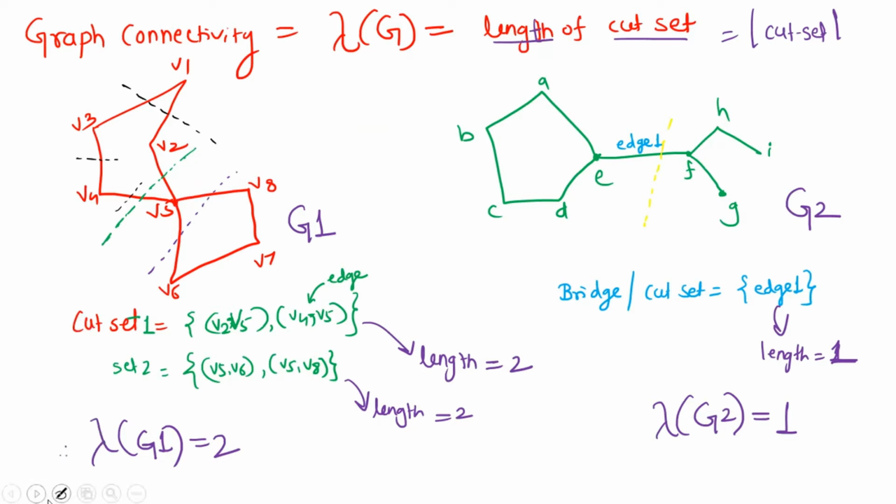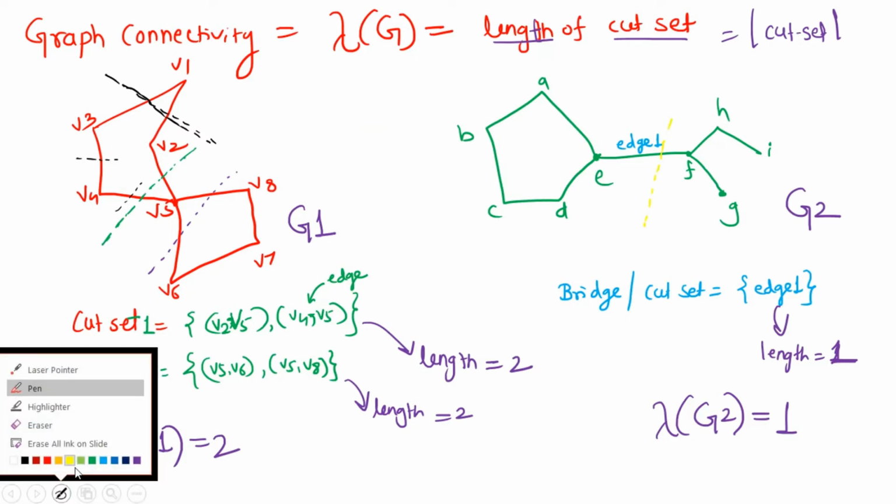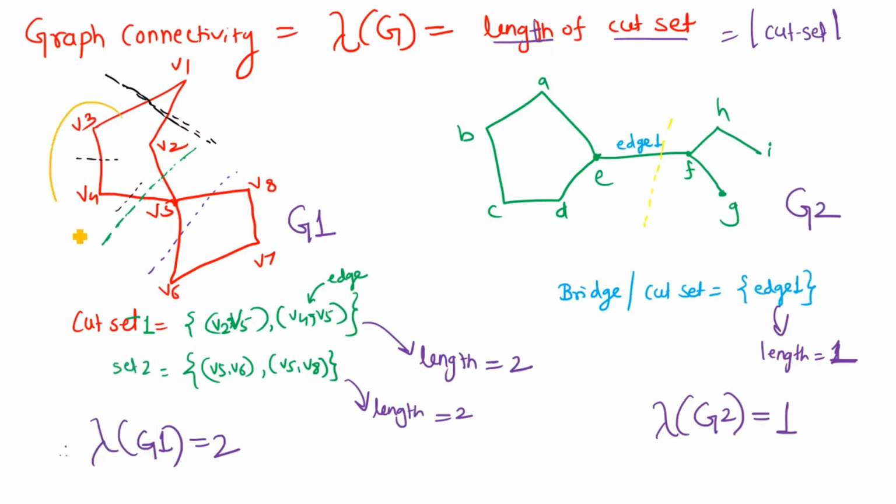If I take two edges at a particular location, like these two edges, and remove them, my graph gets disconnected into two portions. This is the first portion, and the second portion is this. Here your graph gets disconnected into two or more portions.